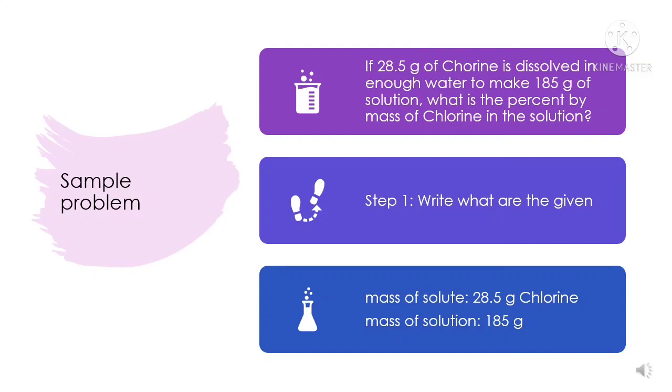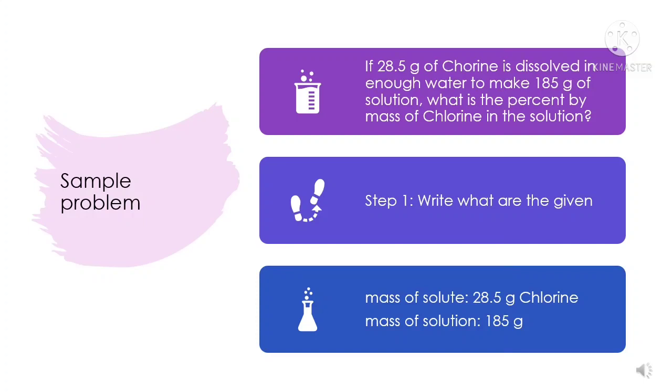Okay, sample problem. If 28.5 grams of chlorine is dissolved in enough water to make 185 grams of solution, what is the percent by mass of chlorine in the solution? Step 1, write what are the given.